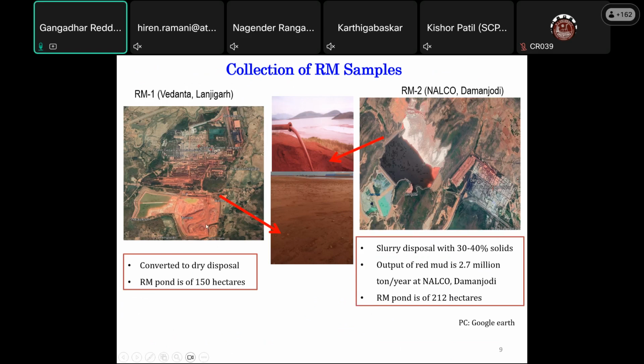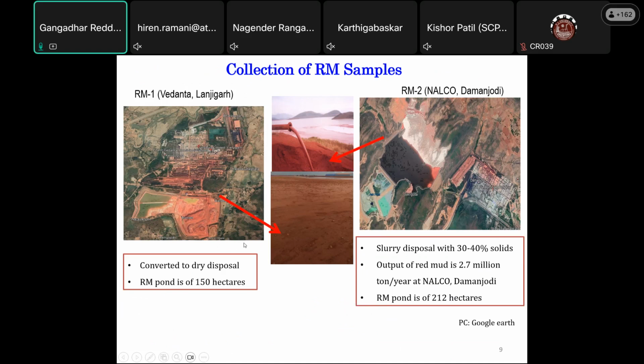During my PhD, I worked with my professor, so those results I have not presented here. But we have seen the characterization and the settlement of particles with time, and the sample characterization. We have also done an extensive study using AAS and ICP to see what different metals are present in the entire pond.